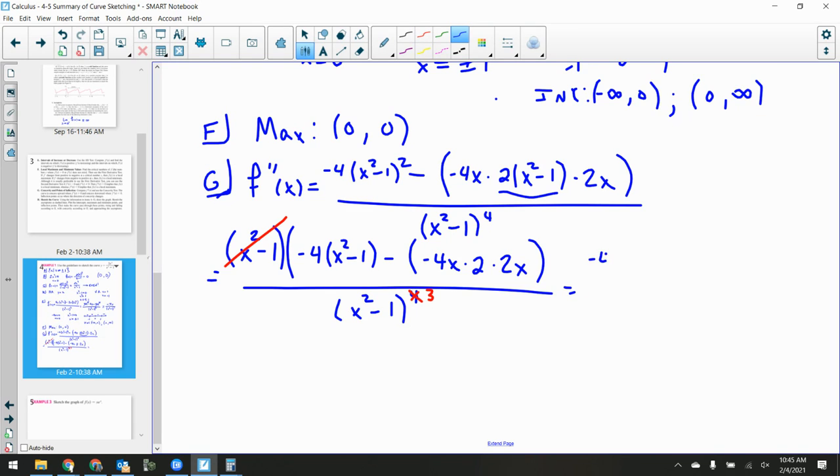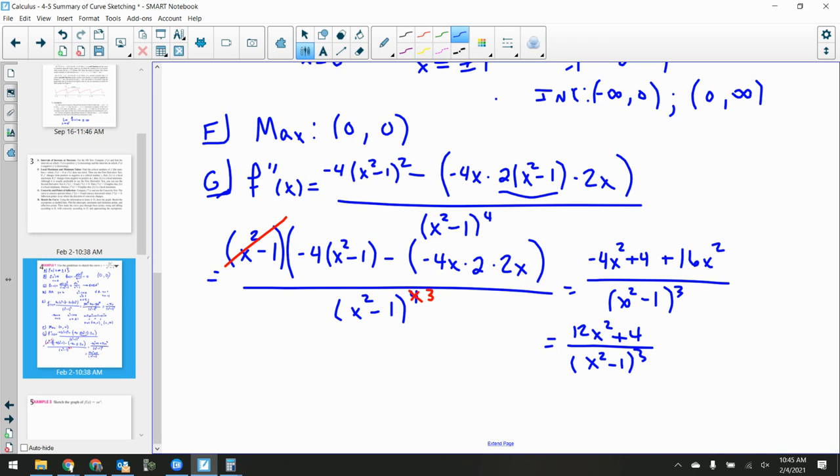That would be a negative 4x squared plus 4, and then a positive 16x squared up top. So finishing it off, 12x squared plus 4 over x squared minus 1 to the 3rd power, and I really hope that's what I got.